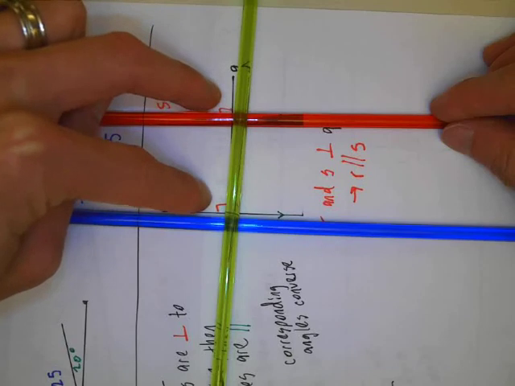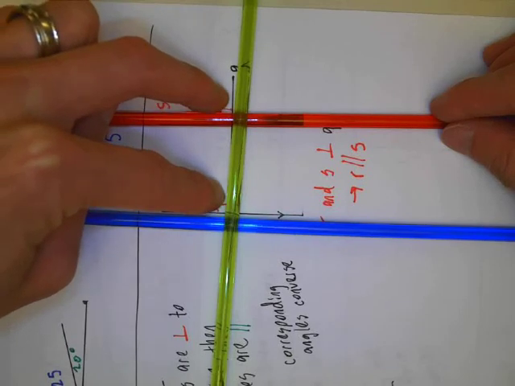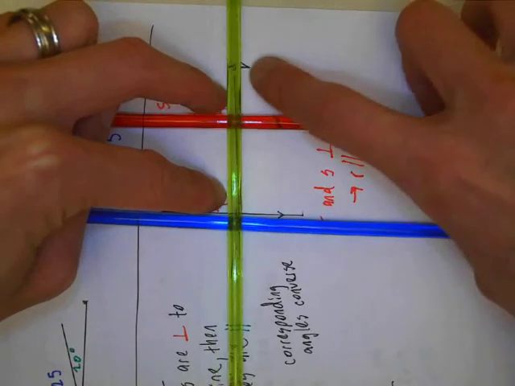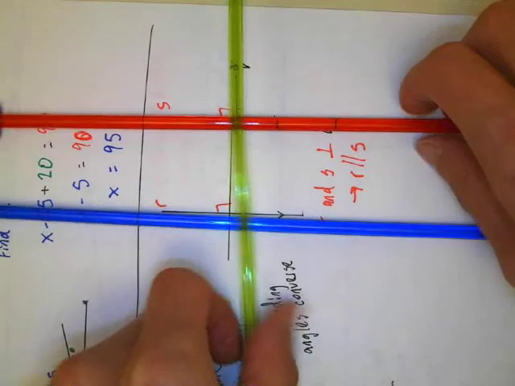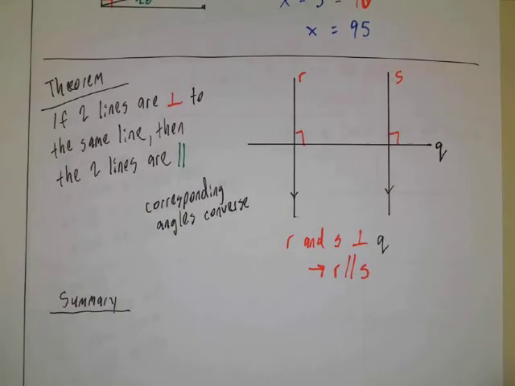That was, I think, lesson 3.3, 3.4. If the corresponding angles are congruent, then you have two parallel lines. So that was the corresponding angles converse. Those are just a bunch of concepts for this lesson. Thanks for watching.